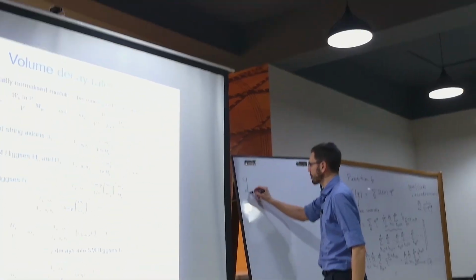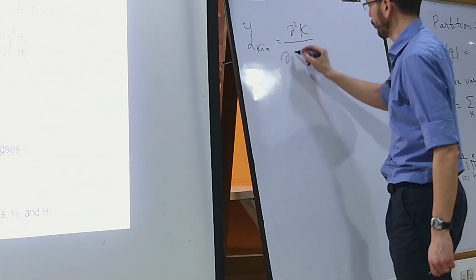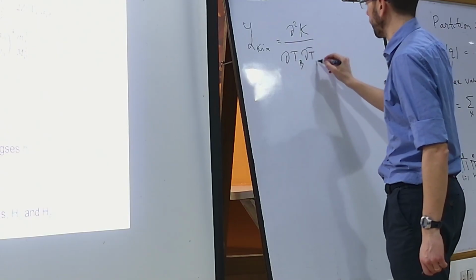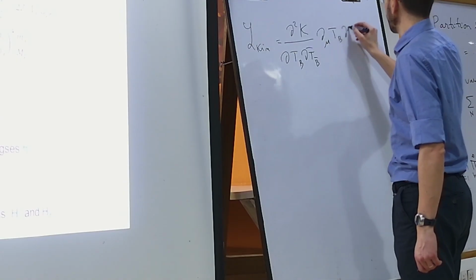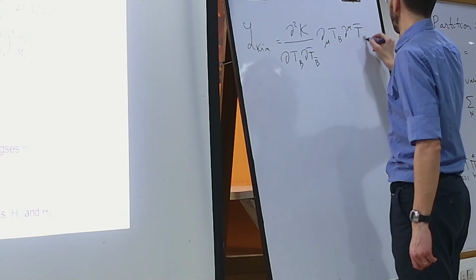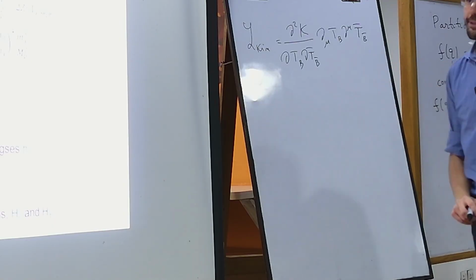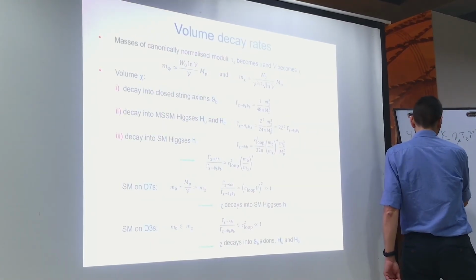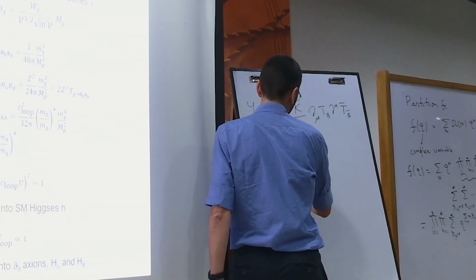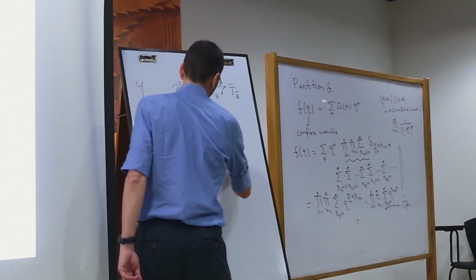This comes from the kinetic terms. Remember that the kinetic terms are the second derivative of k with respect to T big, T bar big bar, and then you have d mu T big, d mu T bar big bar. Now I write T big as tau big plus I theta big. So then you see that this will be the second derivative, big big, computed at the minimum, times d mu tau big, d mu tau big.